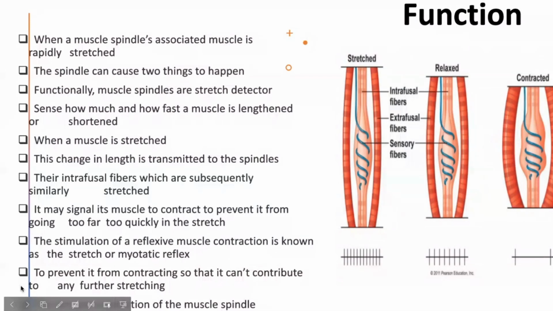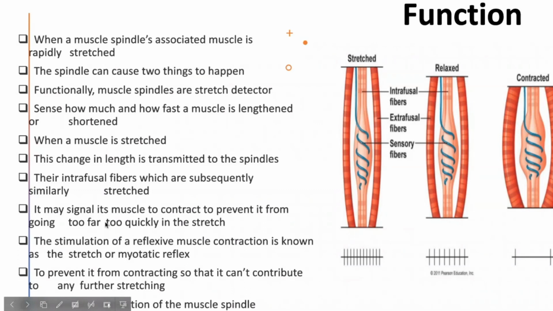So what is the function of a muscle spindle? When a muscle spindle associated muscle is rapidly stretched, it can cause two things to happen. The muscle spindles are known as stretch detectors, and they're going to sense how much and how fast a muscle is lengthened or shortened. When a muscle is stretched, this change is transmitted to the spindles and their intrafusal fibers, which are subsequently similarly stretched.